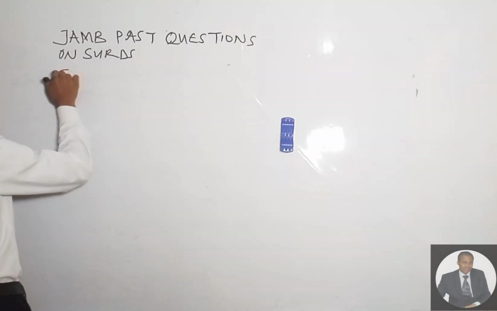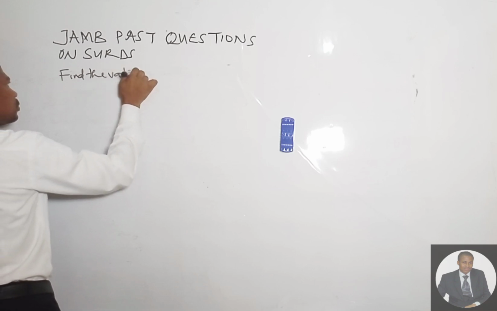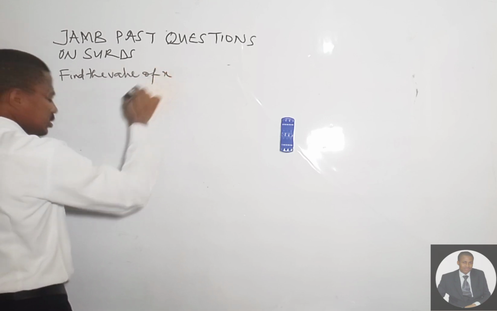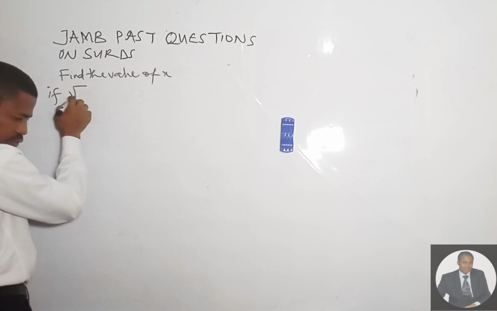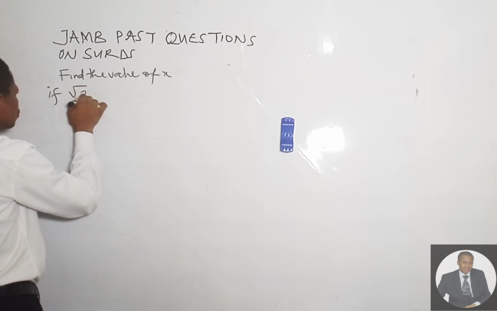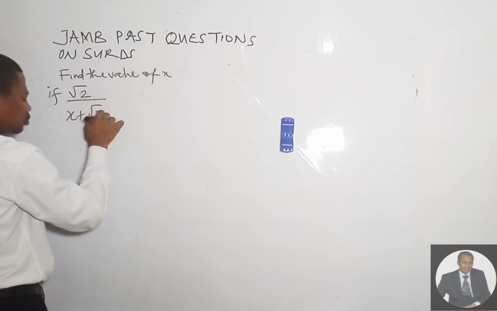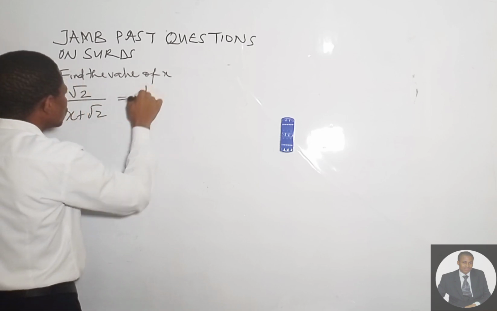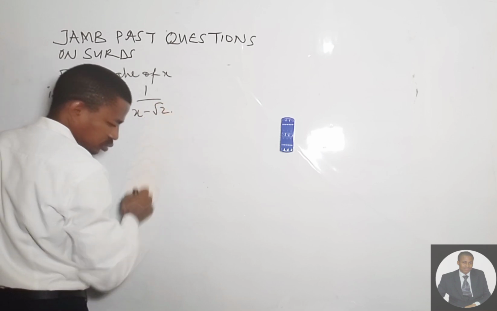Find the value of x if root 2 over x plus root 2 equals 1 over x minus root 2.